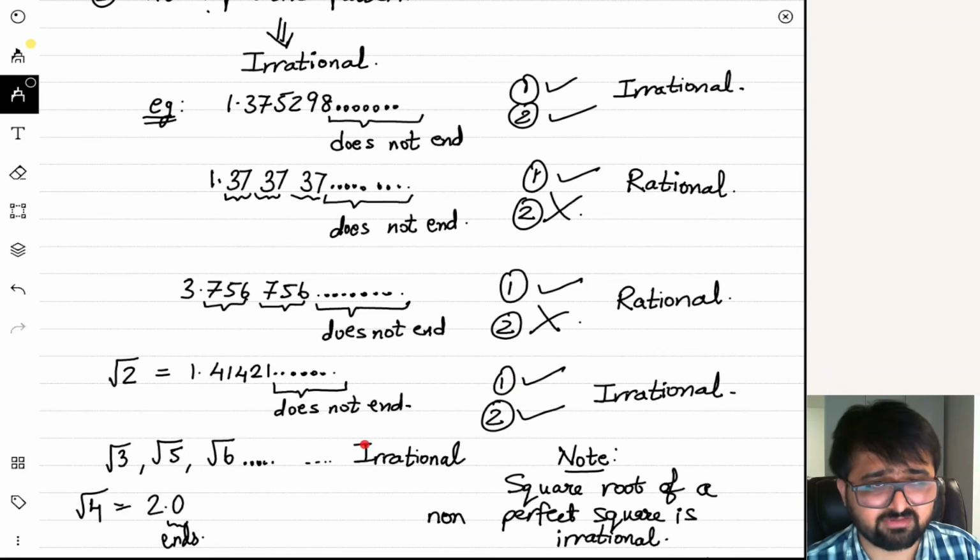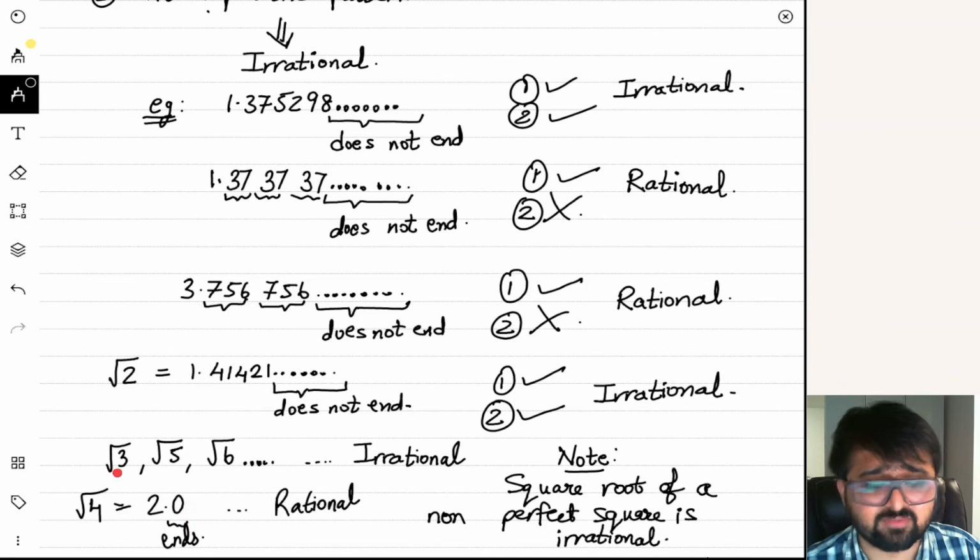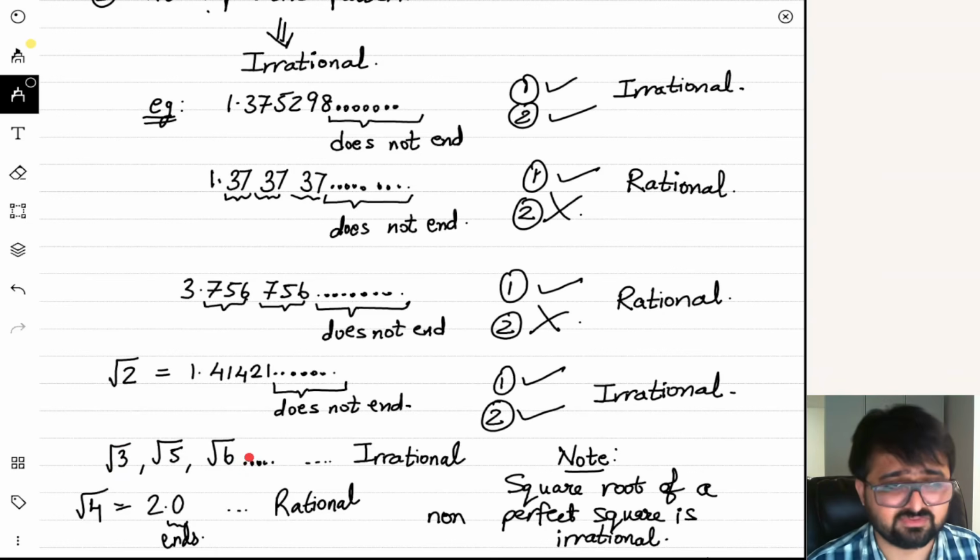For the number to be irrational, it should be non-terminating, but it ends here, so it's terminating, so it's rational. But remember, if a number is a square root of a non-perfect square like 3, 5, 6, 7, square root of 8, really, square root of 10, and so on, all those are irrational numbers.